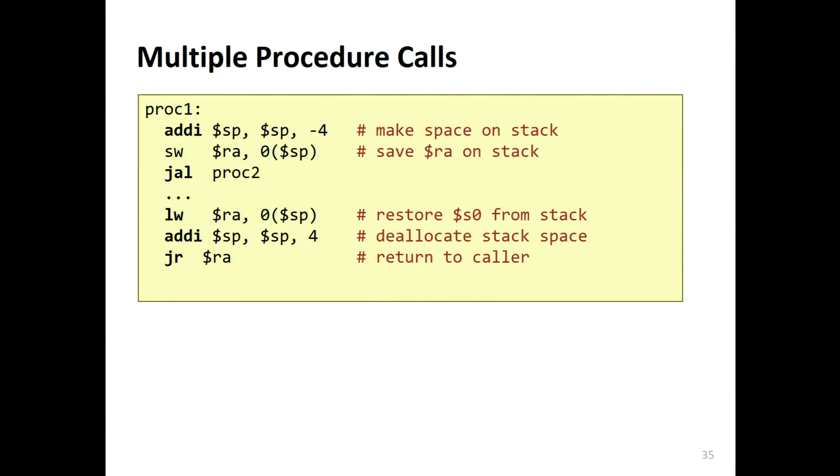So you have procedure 1 here, and it's going to call procedure 2 later on in the program, which means that before calling procedure 2, it should store the return address in the stack, okay? Because if it doesn't, the return address register would be overwritten by the JAL instruction.